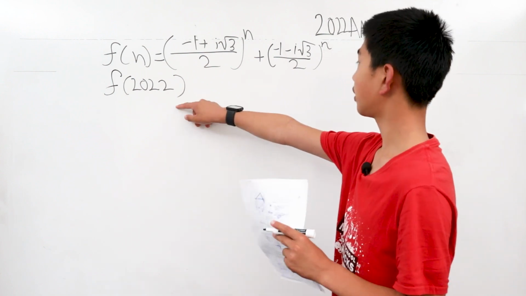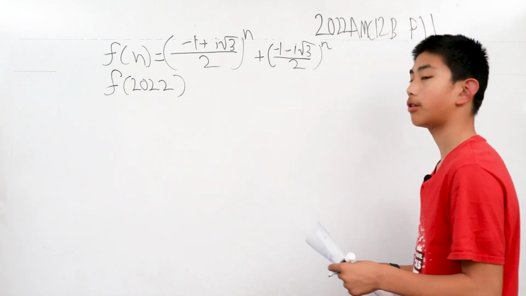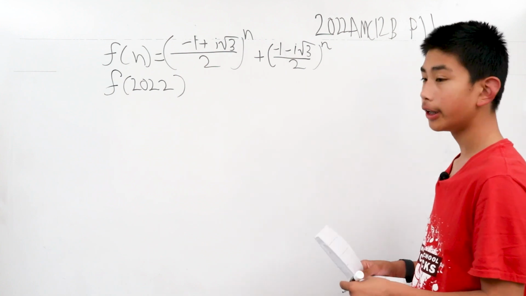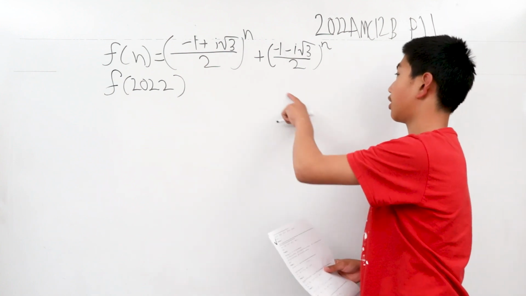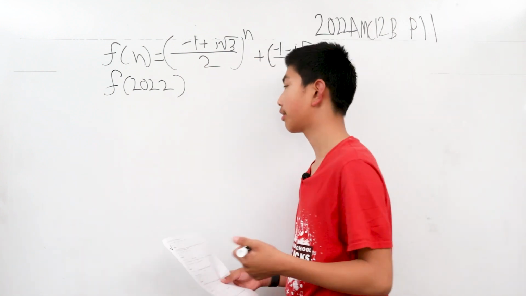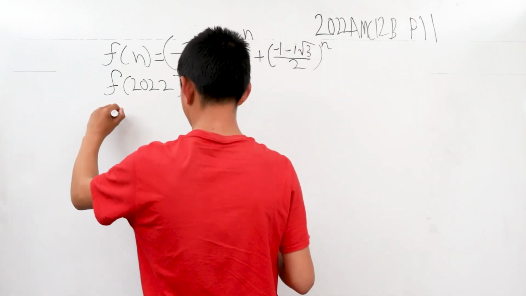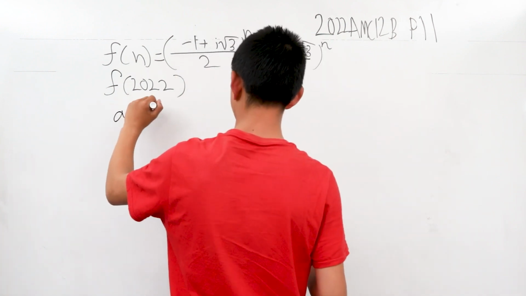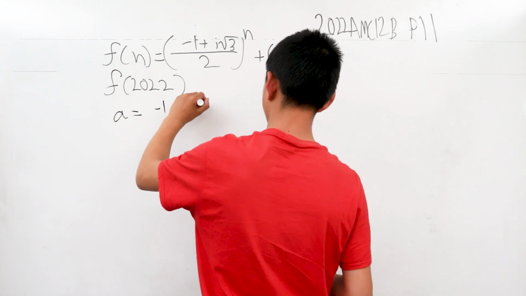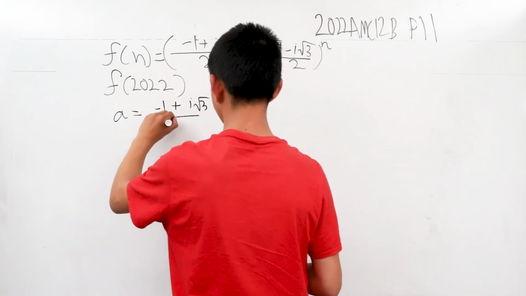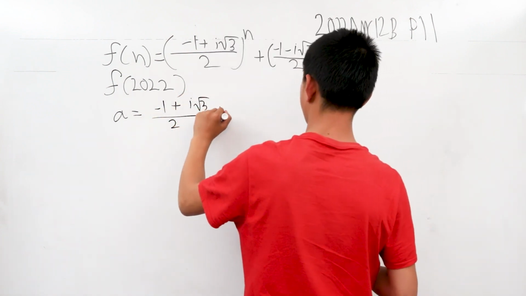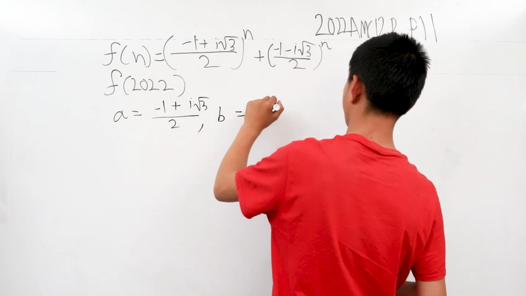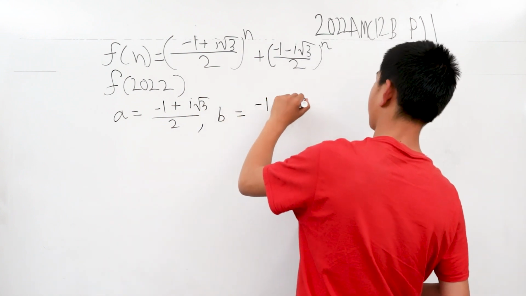We can't just plug 2022 into this equation and expect it to work. Since this is a lot to write out, let's use some variables. Let a equal (-1 + i√3)/2, and b equal (-1 - i√3)/2.